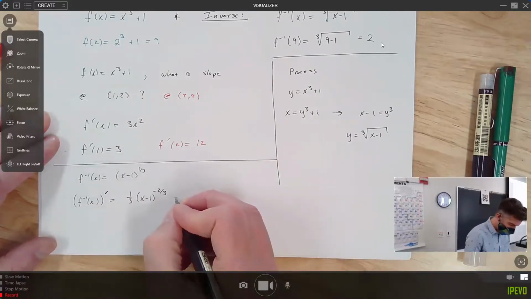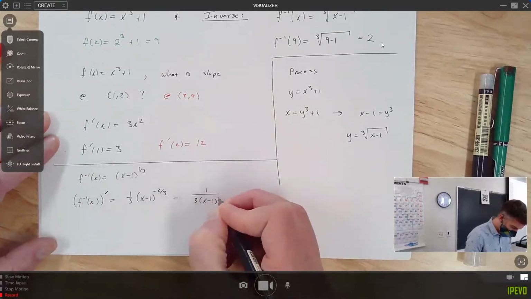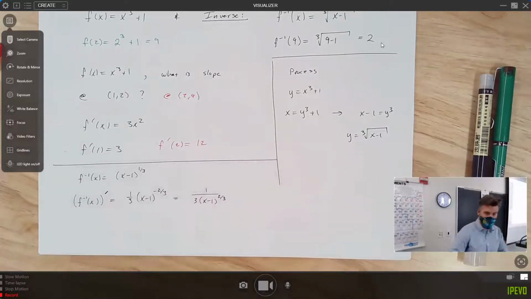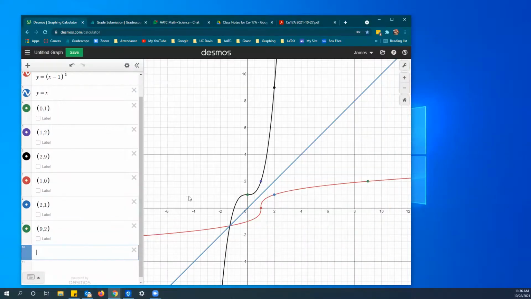Or you might prefer to write it as 1/3 times x minus 1 to the 2/3 power in the denominator. Now we have to be a little careful here because the x value I'm going to plug in isn't the same. If I'm looking at the point 1, 2 here, I'm not going to plug in x equal to 1 to find the slope there. I'm going to plug in x equal to 2, the y value for the other point.